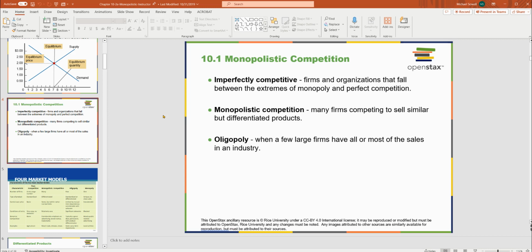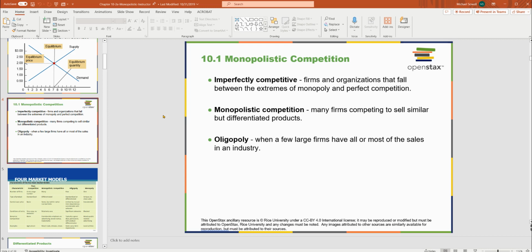They have square burgers, round burgers, thick burgers, thin burgers, and so forth. But the one thing that they all have in common is that they're burgers. But that's just one good example of monopolistic competition. There are lots of others out there, like shoes and clothes and all those kinds of things.